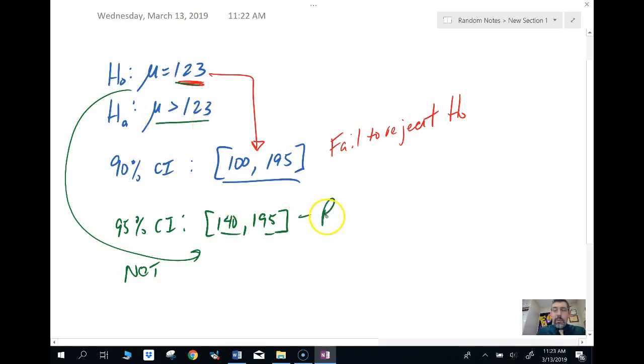In this case, I will reject the null hypothesis and say that there is significant evidence that the alternative is true. So I could use my confidence intervals to make conclusions of my hypotheses based on whether or not the null is within my interval. Okay? So make sure you understand that. That is very important both likely for the multiple choice and the free response.